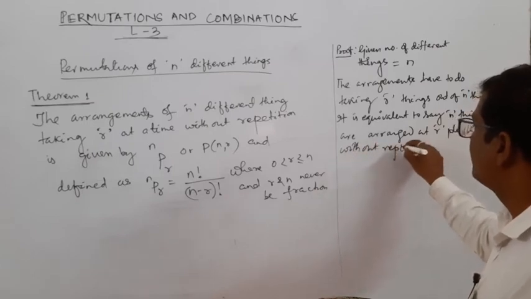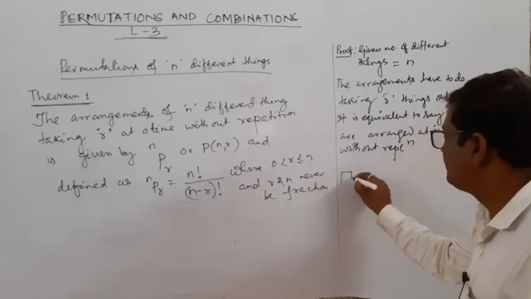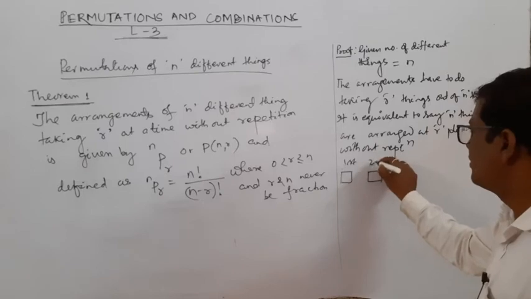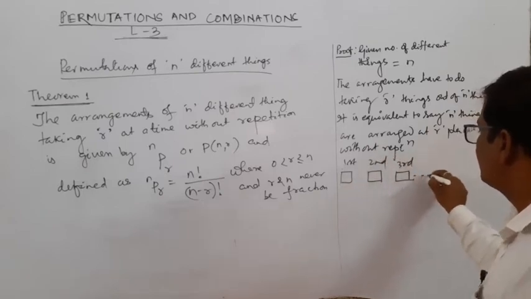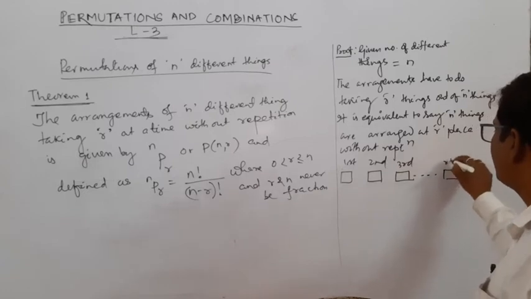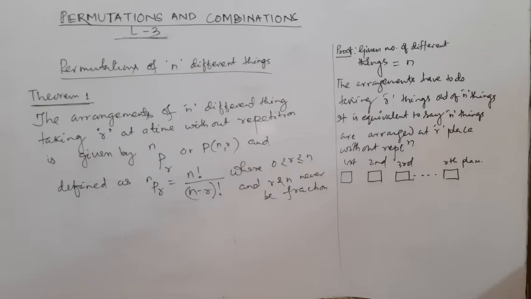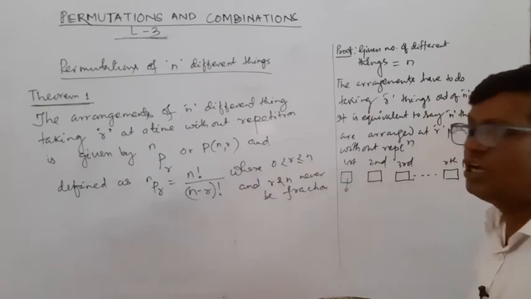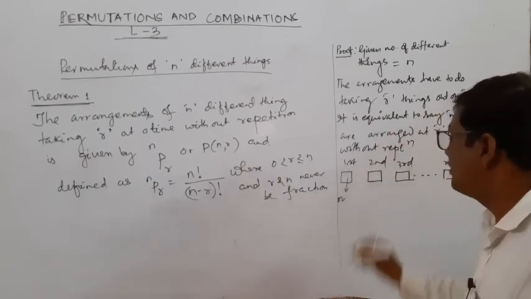So suppose this is the first place, this is the second place, this is the third place, like this, up to the rth place. The first place can be filled in how many different ways? There are n things, so n different ways.